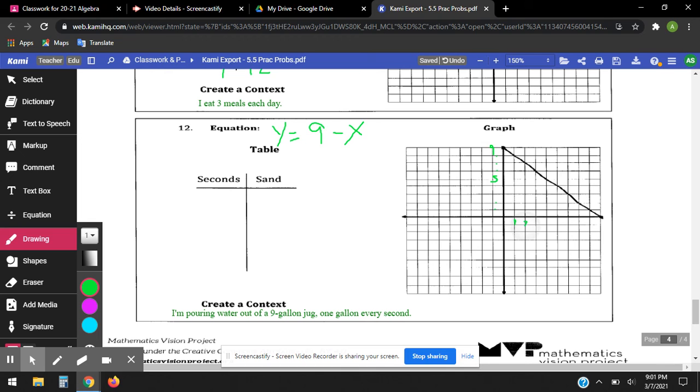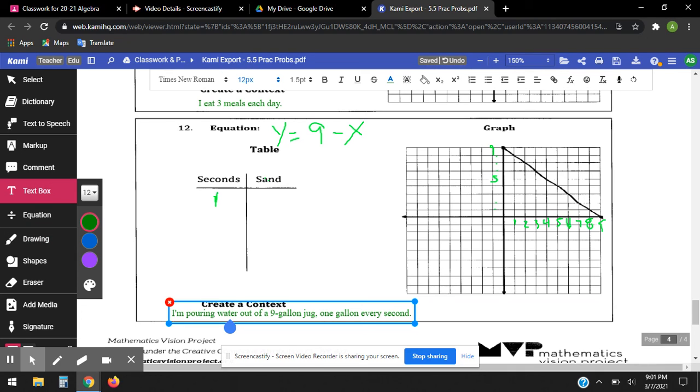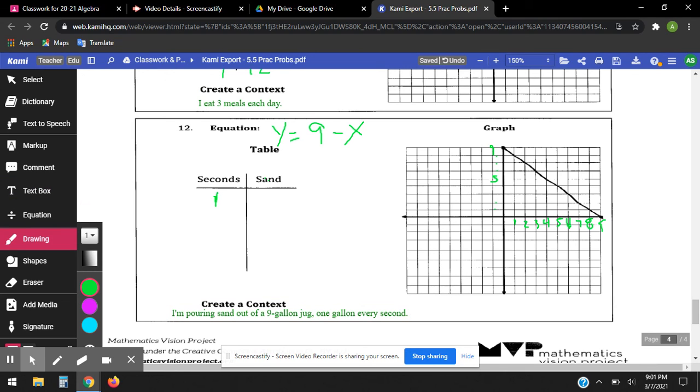And this would be 1, 2, 3, 4, 5, 6, 7, 8, 9. So the first, second. Oh, wait. It can't be water. You have a title here. I did not even pay attention to that. I'm pouring sand. I have to pour sand out of my 9-gallon jug.